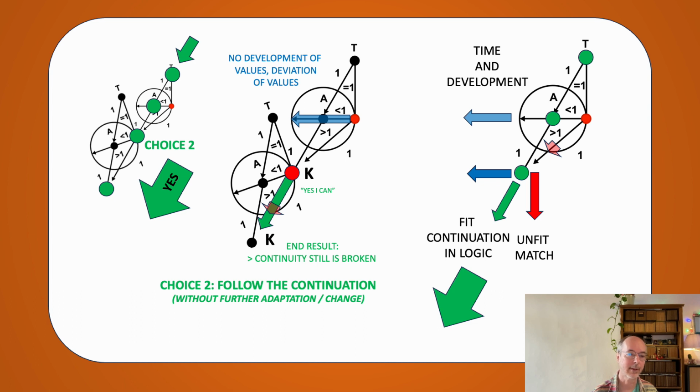So what will be the end result? As you can see, the A is if you use the numbers, but that's another, in another moment I have to explain it a little bit better. The size of A is 1, the size from A to T is 1, but the size from the center point of vision to K is larger than 1, so I can't reach this point with the same reference points again, so I will lose it a little bit.